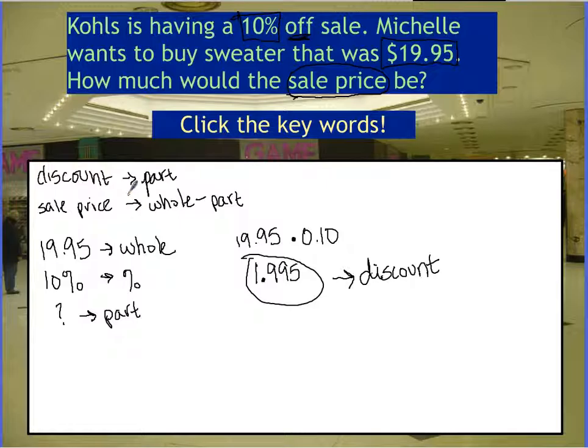I don't want the discount, I want the sale price. So I have to take $19.95 and I have to subtract the $1.995, in this case 995 thousandths.